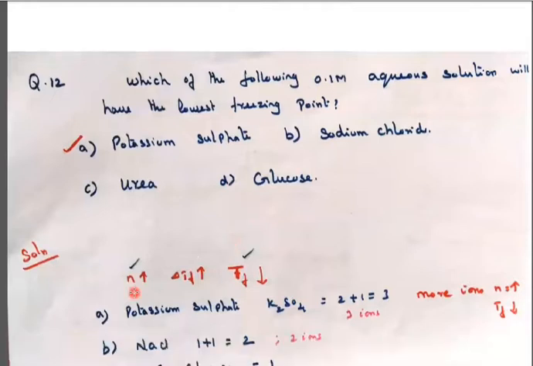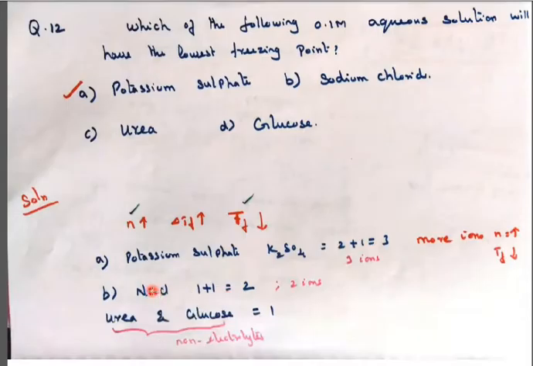Just before I said, as the number of moles increases, depression in the freezing point also increases, but freezing point of solution decreases. It is based on number of moles. Potassium sulfate, formula K2SO4: 2 potassium, 1 sulfate, totally 3 ions. In sodium chloride, 1 sodium, 1 chlorine, 2 ions.